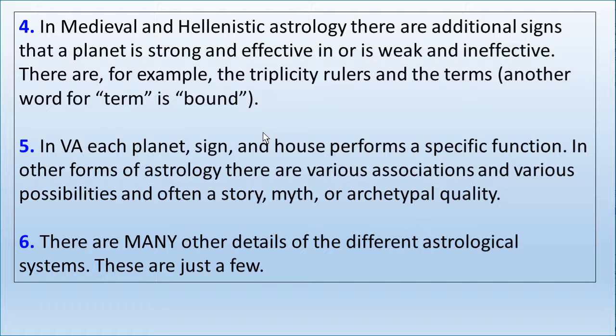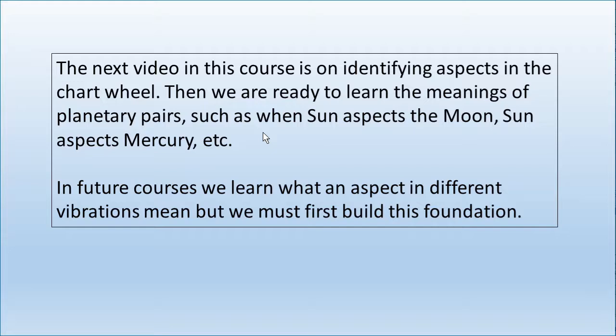I'm just summarizing some key issues so that that's clear. Every system of astrology has its own set of rules. What we're going to do next is the next video is going to be on identifying aspects in the chart wheel. I'm going to have one more video, and then there may be another very brief video, but I'm just covering a few more things, and then we'll go through each planetary pair.